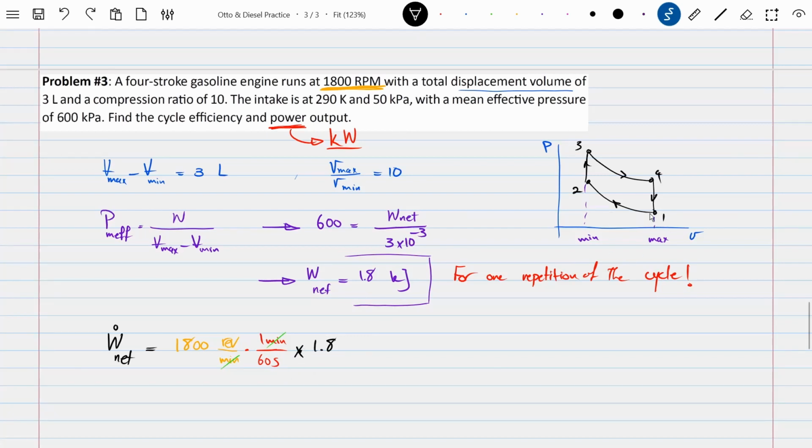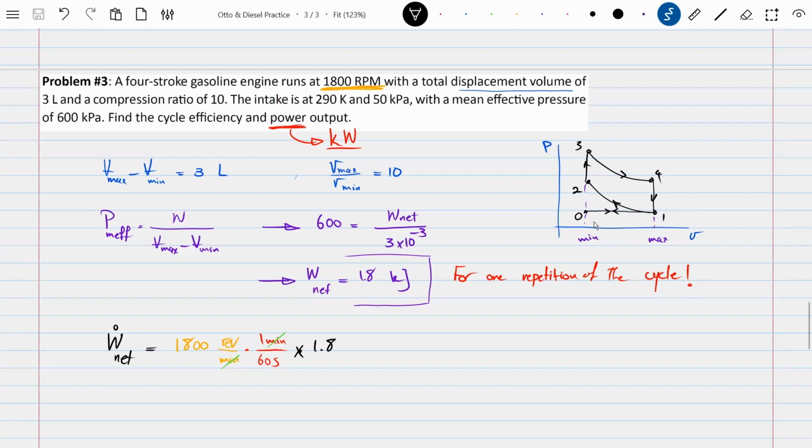Now, from the lecture, you may remember that there is a line here from state 0 to state 1, and you have two arrows in opposite directions on this line, representing two different processes, from 0 to 1 and from 1 to 0. Now, in the lecture, we talked about how these two processes do not affect the work output of the cycle, and as such, we usually don't draw them.